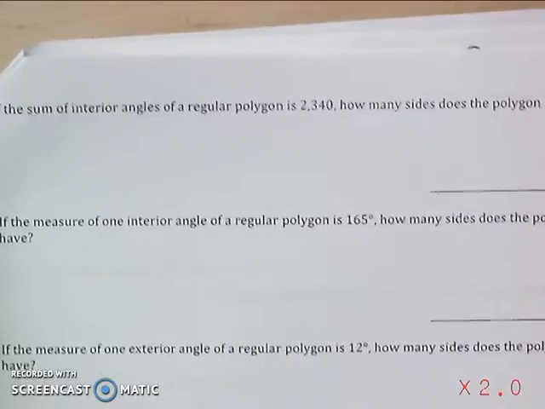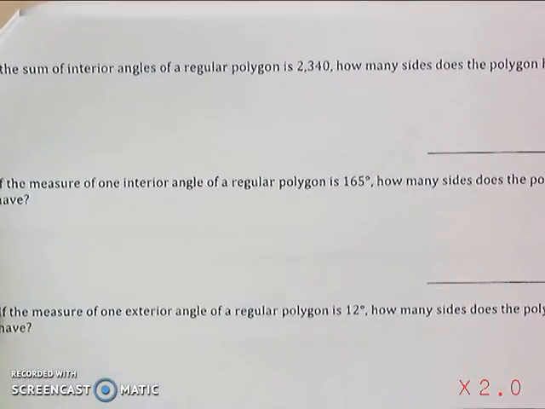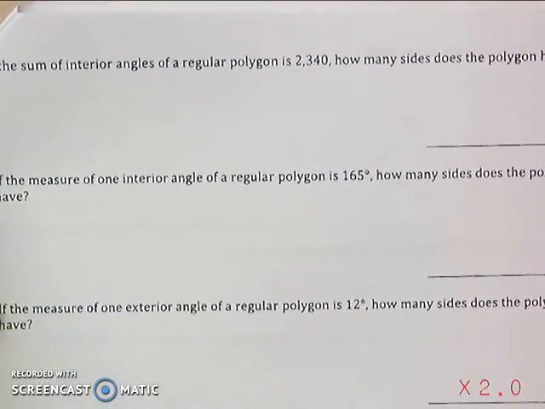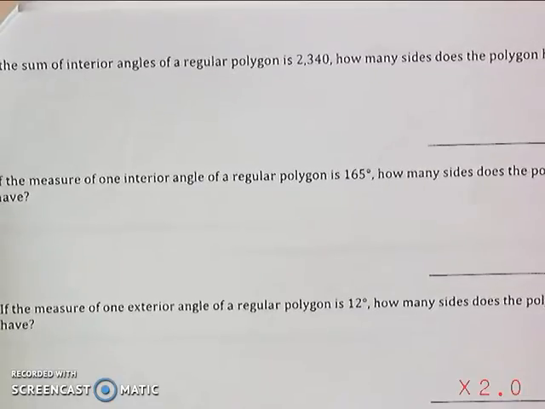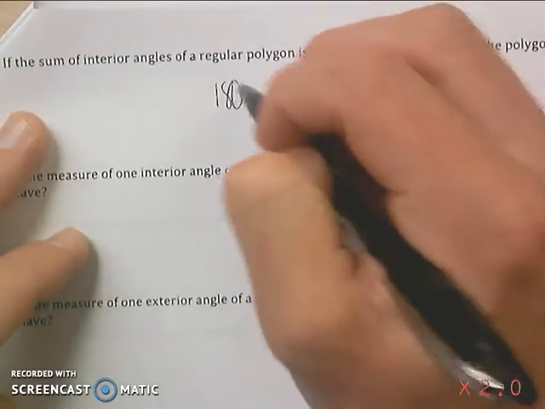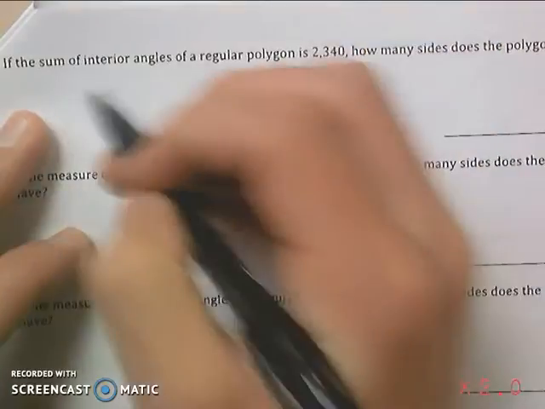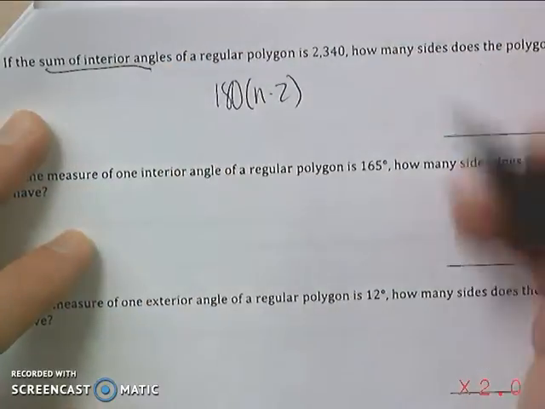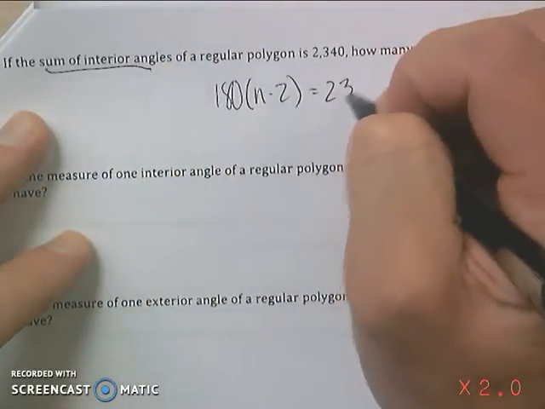Okay. If the sum of the interior angles of a regular polygon is 2,340, how many sides does the polygon have? Okay. Well, we could do this in a couple different ways. The best way we could probably do this is using the equation. So we get 180 times n minus 2, and since we already know this is the equation for the sum, we just set it equal to 2,340.